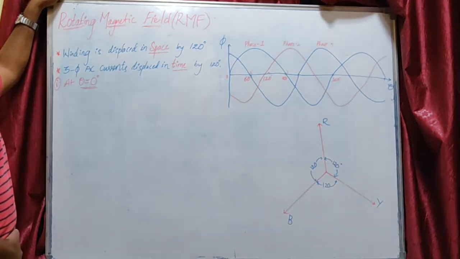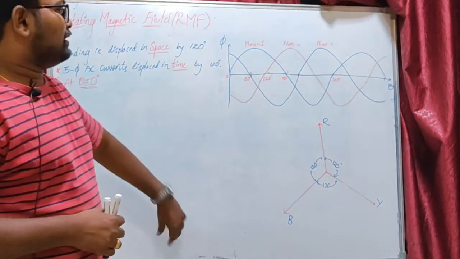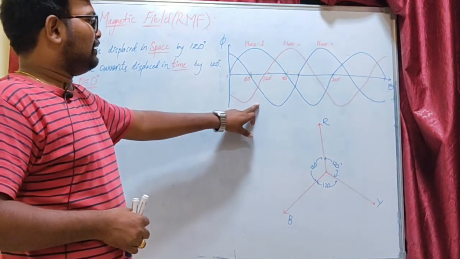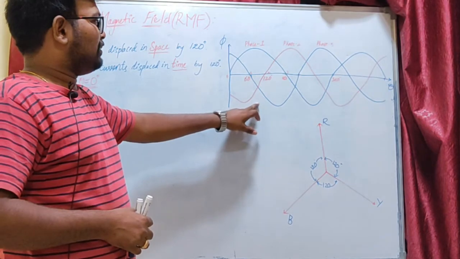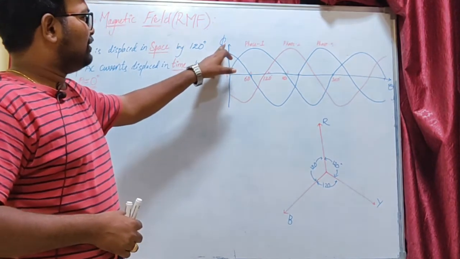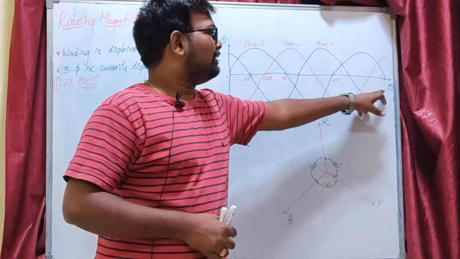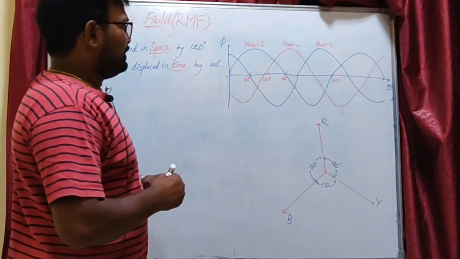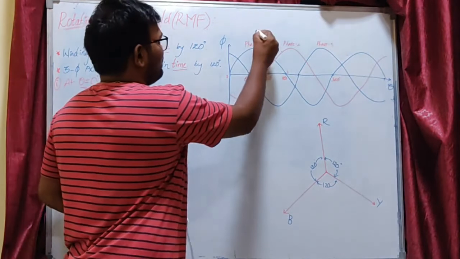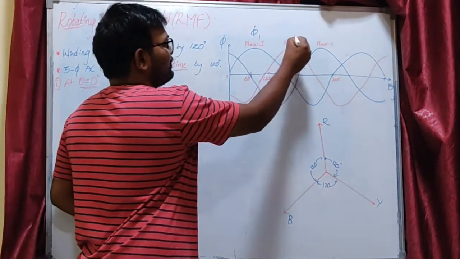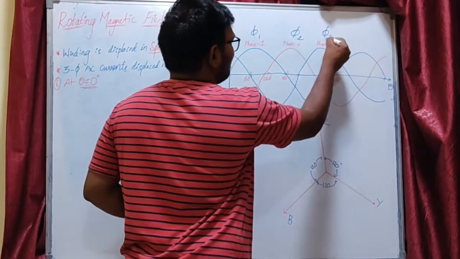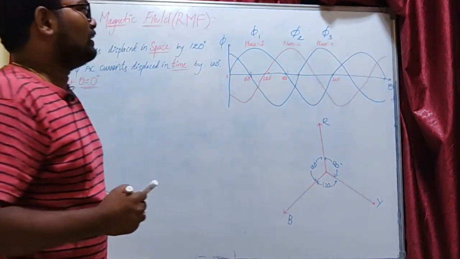For that I have considered our three-phase fluxes that are generated by the three-phase AC supply. I have drawn a graph between flux and theta, with the corresponding fluxes for each phase. For phase 1 the flux is phi 1, for phase 2 the flux is phi 2, and for phase 3 the flux is phi 3.